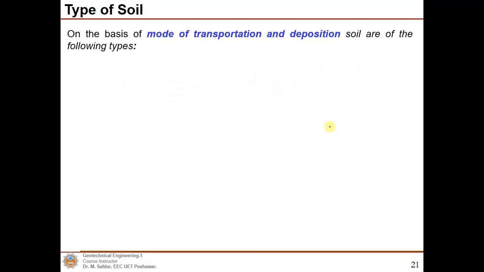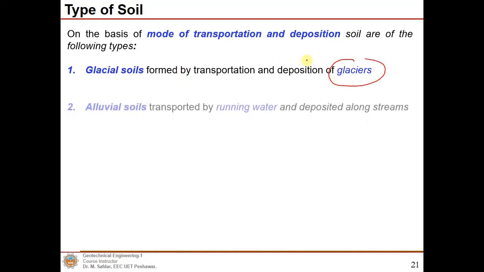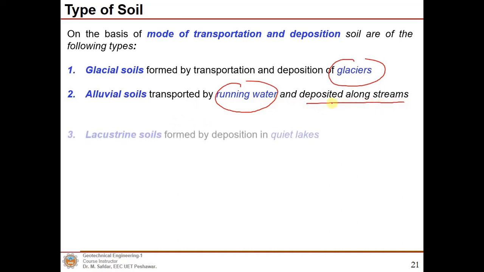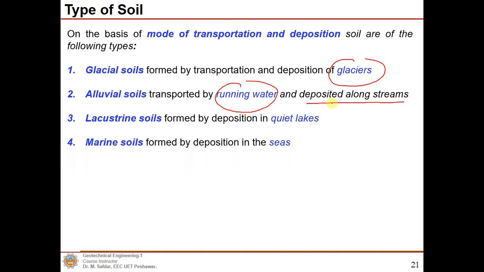On the basis of mode of transportation and deposition, soils are of the following types. For example, glacial soils are formed by the transportation and deposition of glaciers. Alluvial soils are transported by running water and deposited along the streams. Lacustrine soils are formed by the deposition in quiet lakes.